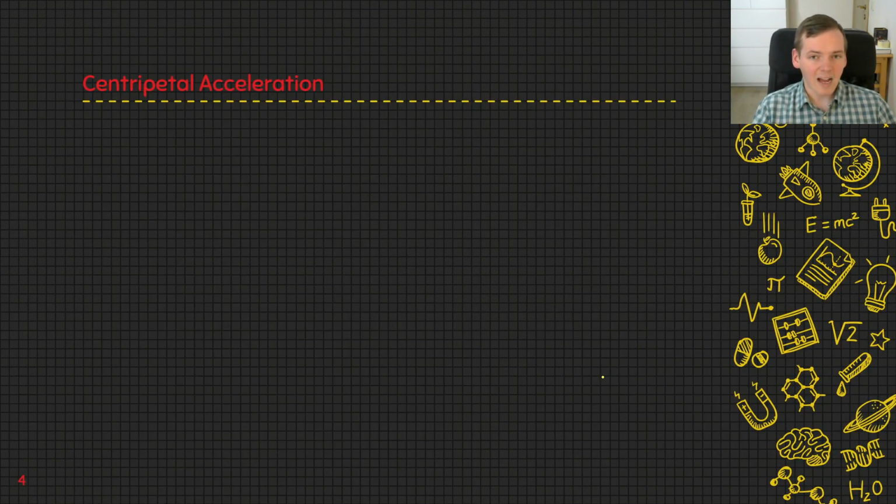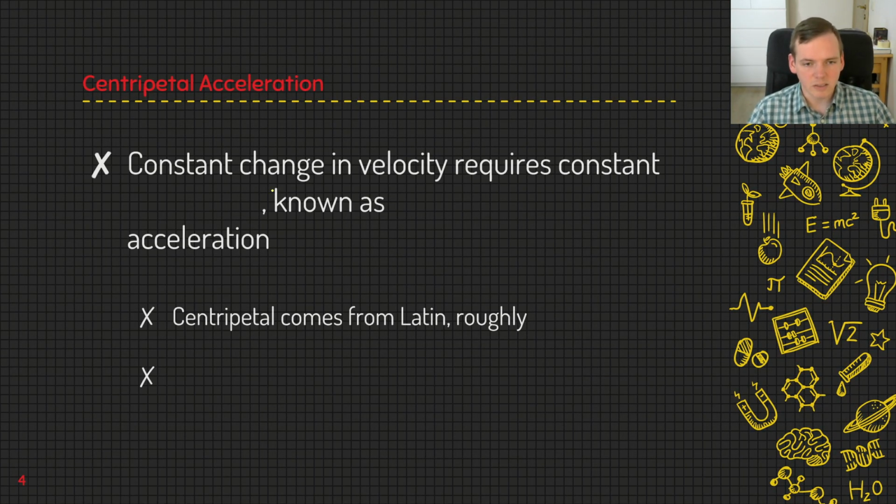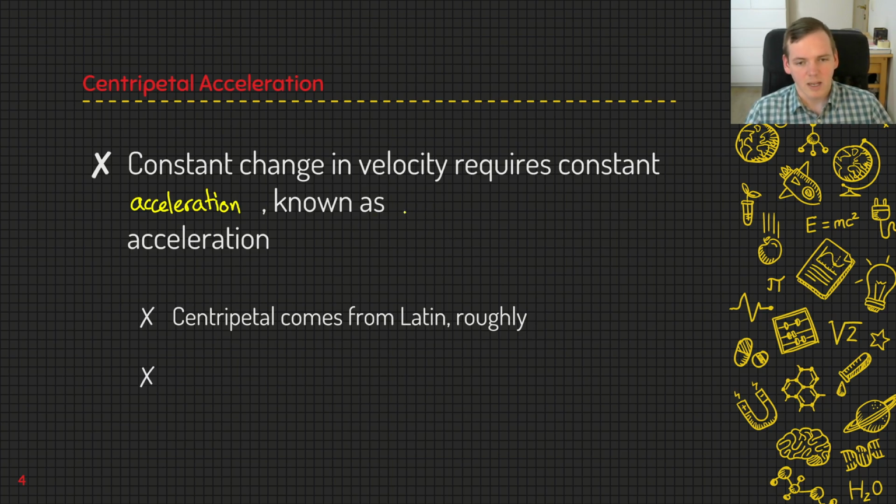So in order to have that situation where we have a constant change in velocity, that means we also have to have a constant acceleration. Because remember, acceleration is defined as the change in velocity divided by the change in time. So if we're constantly changing our direction, we're constantly changing our velocity, we have an acceleration. And this is known as centripetal acceleration, with a P. Centripetal acceleration.